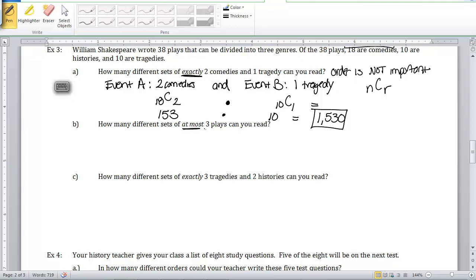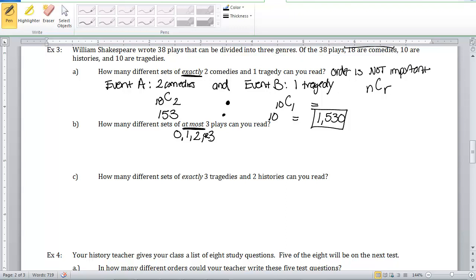Now when we're looking at most, that means you could read 0, 1, 2, or 3 different plays. So if you're going to read 0 plays, we need to account for that. We need to count for 1, for 2, for 3.